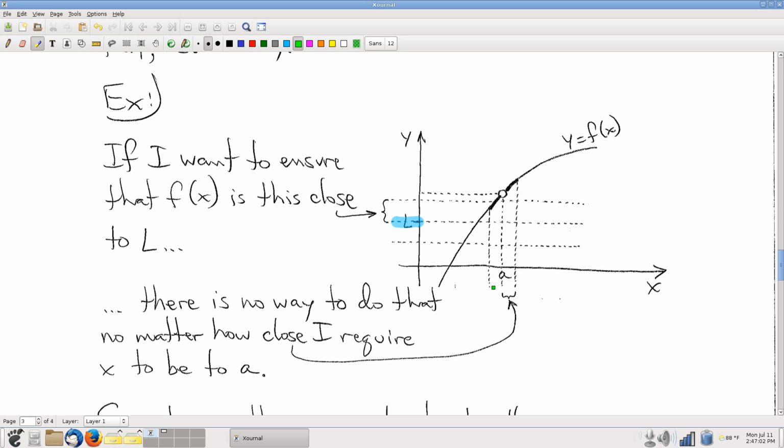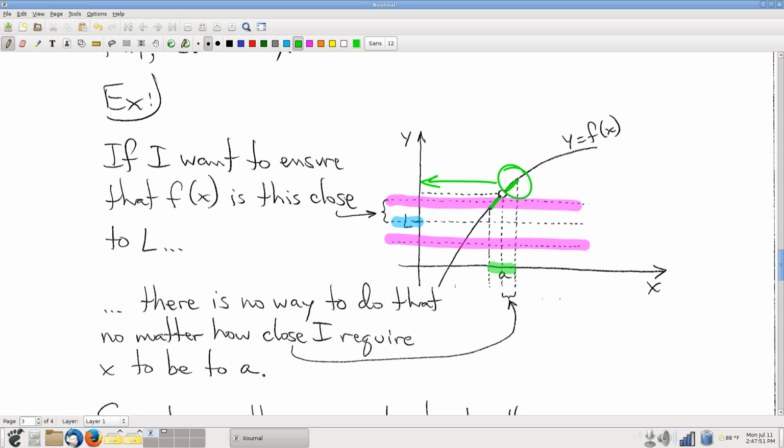And no, this is not going to work. So let's observe, for example, if I would try to ensure that the function is no more than this far away from that value L, no matter how tight around A I make that interval, no matter how close I require x to be to A, there are going to be some pieces of this resulting little bit of curve over here that give values of the function that are simply outside of the given tolerance distance away from L. So this simply is not the limit.